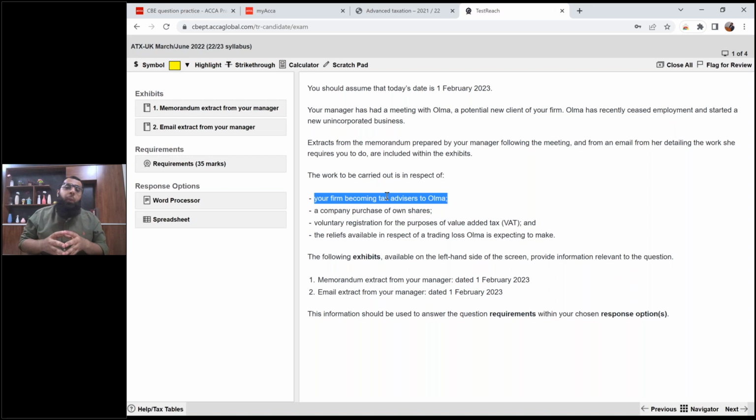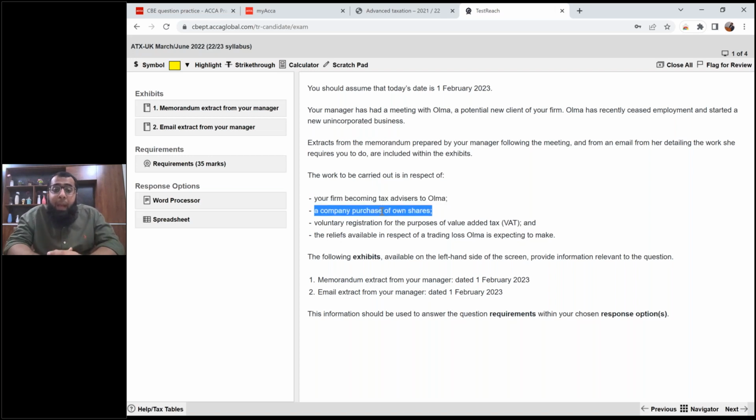You all know that while we accept the client, we think about the ethical code, we think about the money laundering implications, we take an adequate letter, a professional etiquette letter or a professional clearance from the previous tax advisor before we accept to become the tax advisor for anyone. Then there will be some discussion about companies' purchase of own shares, which we call buyback of shares.